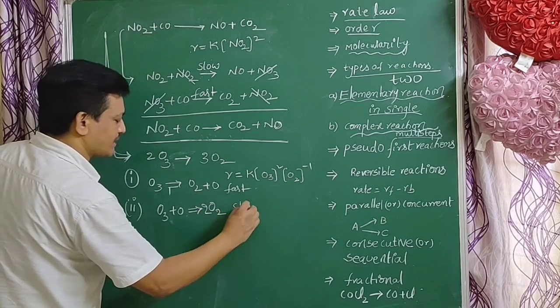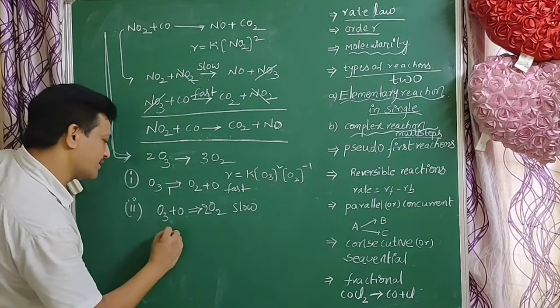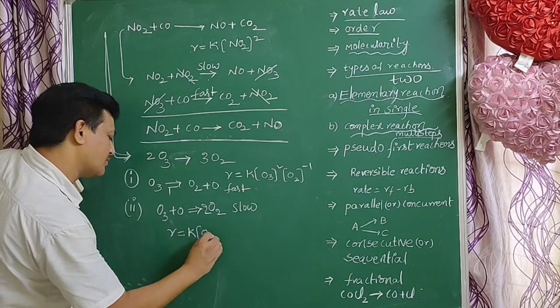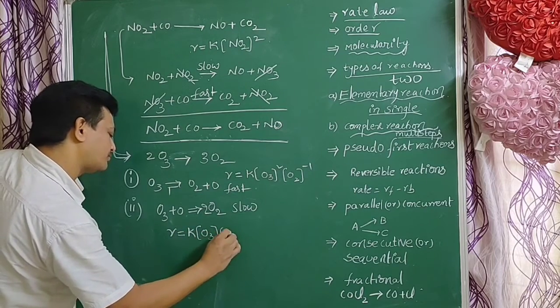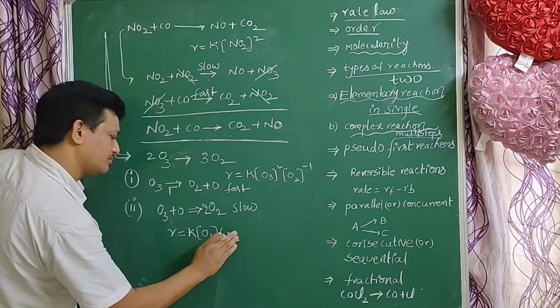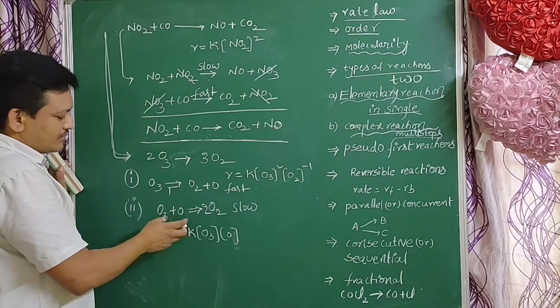This is the slow reaction. For the slow reaction, rate equals K into O3 into O.